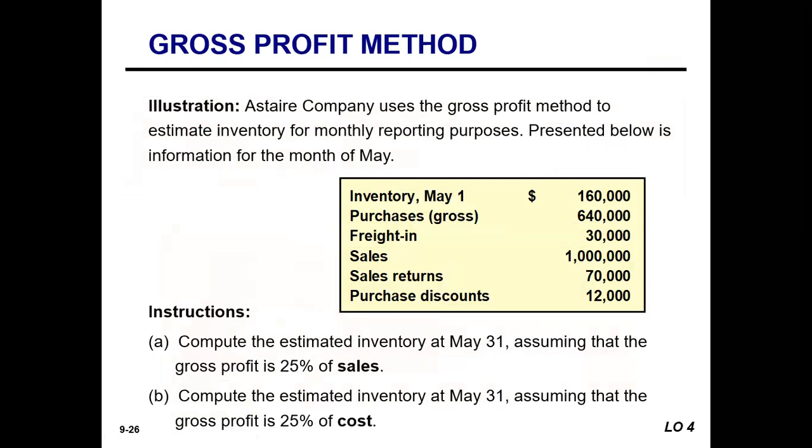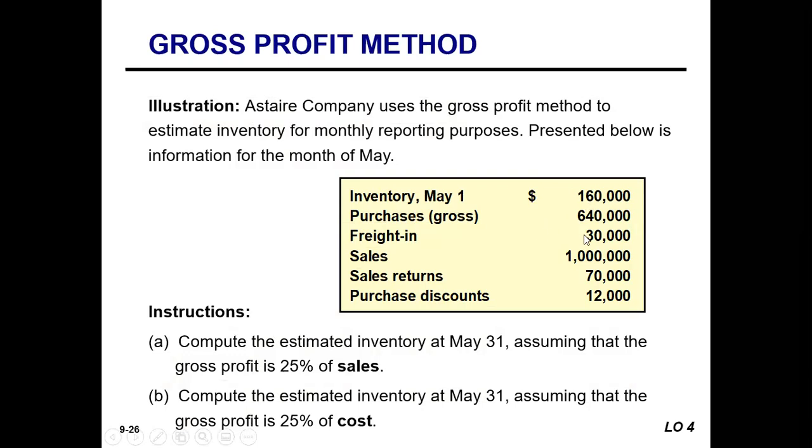Okay, this is just again showing us another example of calculating these gross profit amounts. It says a company uses the gross profit method to estimate inventory for monthly reporting purposes. Presented below is information for the month of May. As of May 1st, we had 160,000 in inventory.